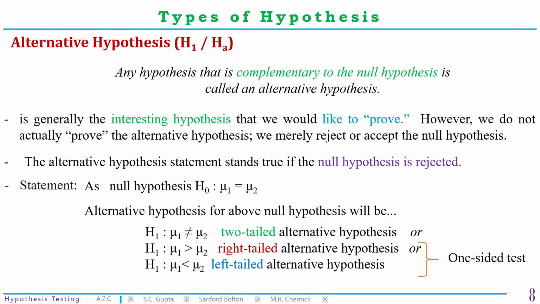These right and left-tailed alternative hypotheses are generated in one-sided test.